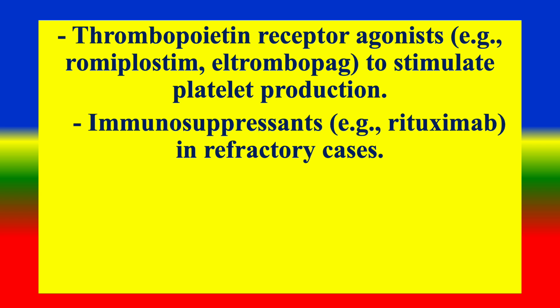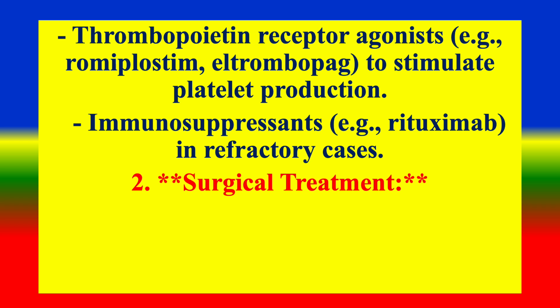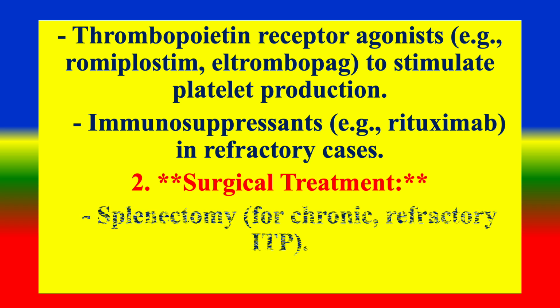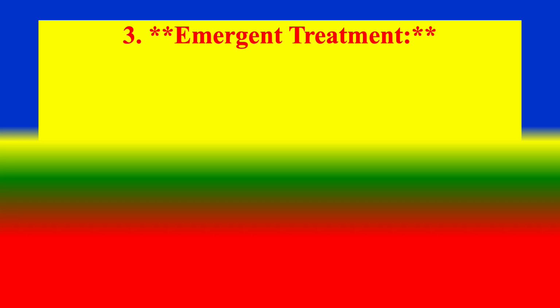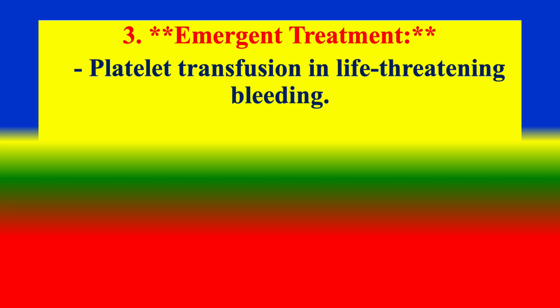Immunosuppressants in refractory cases. 2. Surgical treatment. Splenectomy for chronic and refractory ITP. 3. Emergent treatment. Platelet transfusion in life-threatening bleeding.